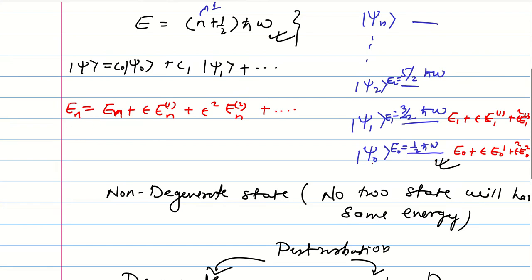Likewise this wave function will also go. So in general this will go like this. So whatever I am calling the zero state, right? This zero means unperturbed, exactly solvable one.